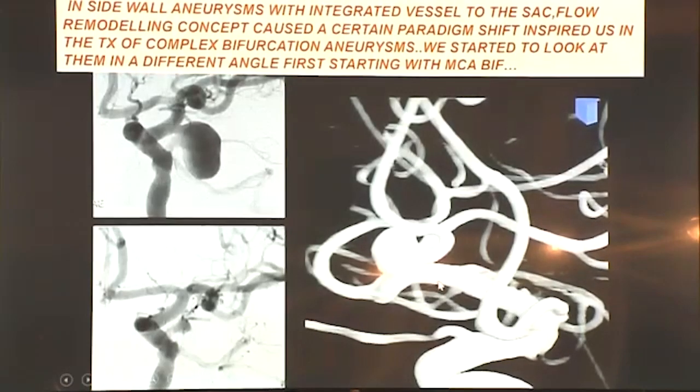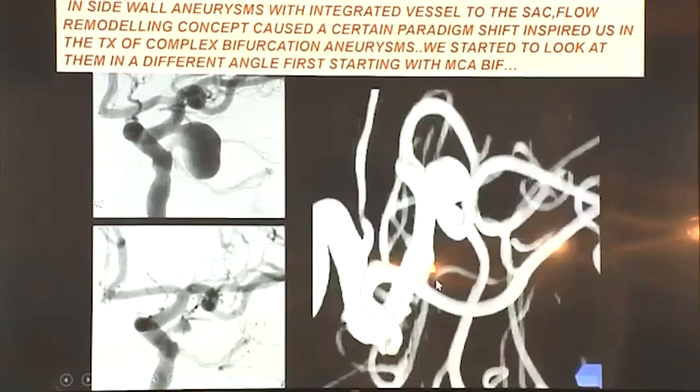We showed this example everywhere, how we ended up with this treatment. When you change the direction, a bifurcation aneurysm may act like a sidewall aneurysm when you compare this image with the PCOM aneurysm, with the PCOM coming off.